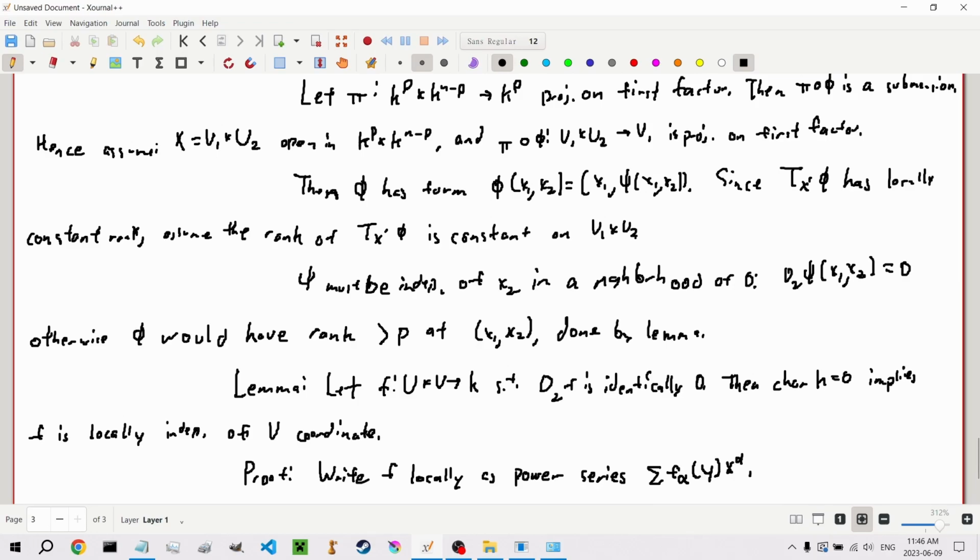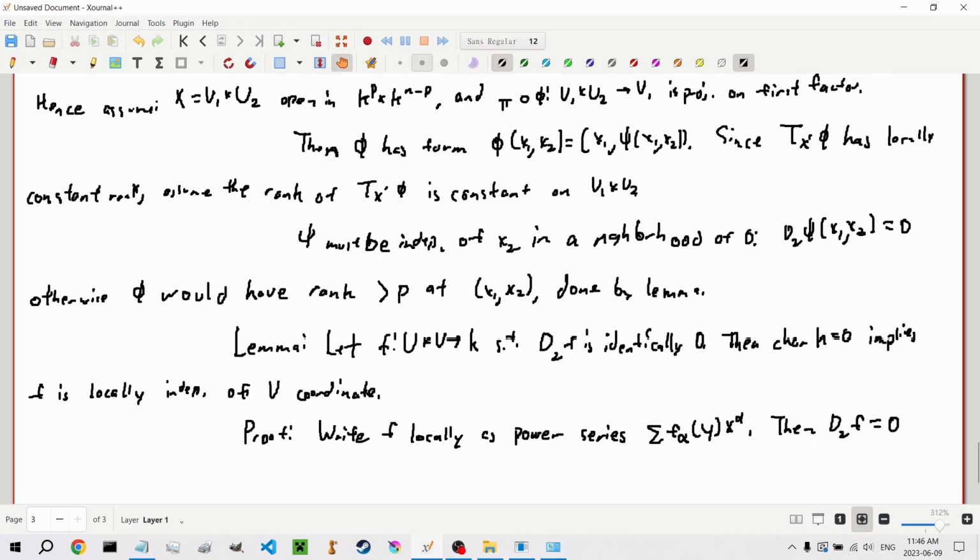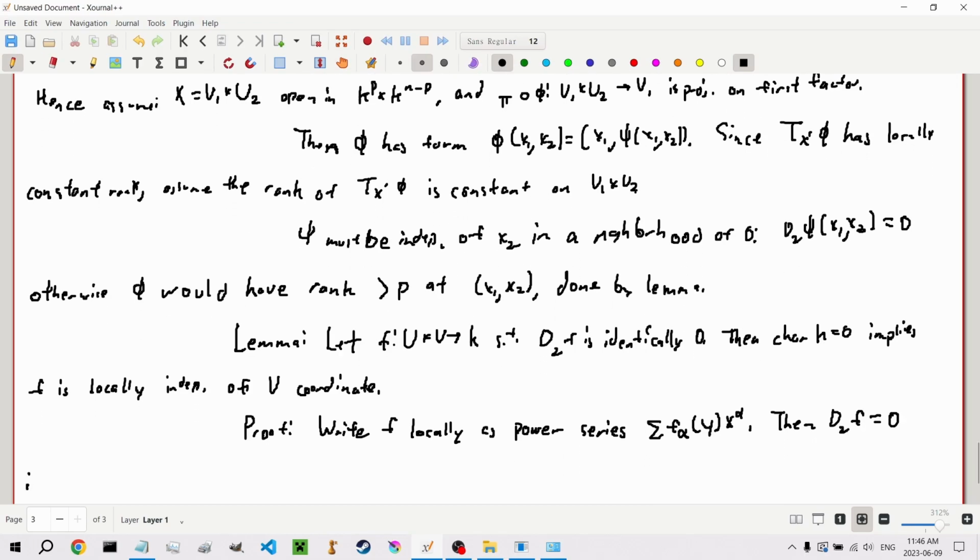Then d2 of f being 0 implies d2 of f alpha is 0 for all alpha. And we show that f alpha is equal to some constant c alpha.